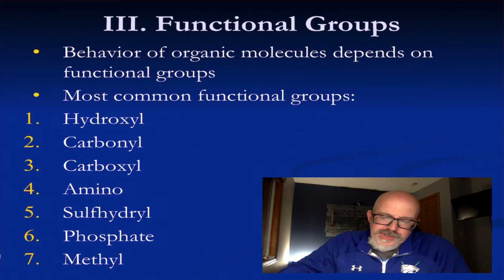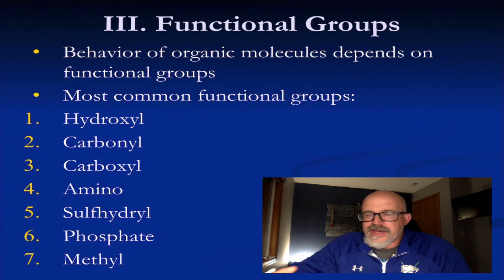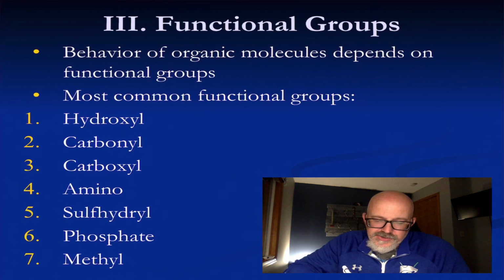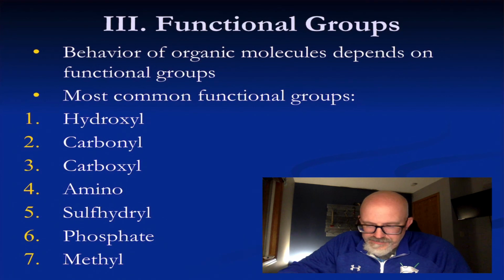Just a throwback to what you were doing the other day, the models last week. The reason I introduced the functional groups is that they are part of what makes all of these organic molecules different. They behave differently based on the functional groups that you have. You built a lot of these with the hydroxyl, carbonyl, carboxyl, amino, sulfhydryl, phosphate, and methyl.